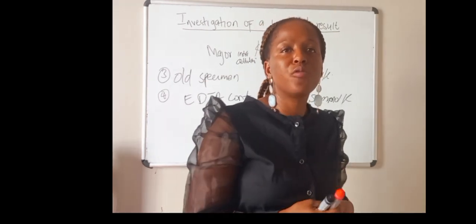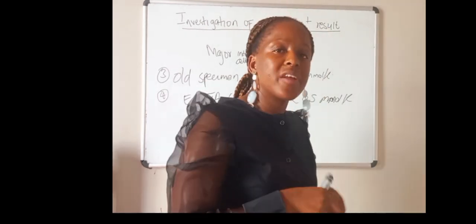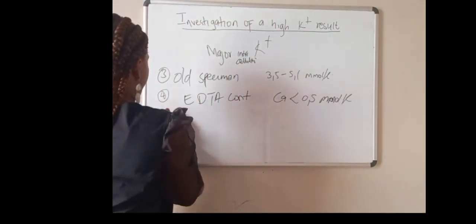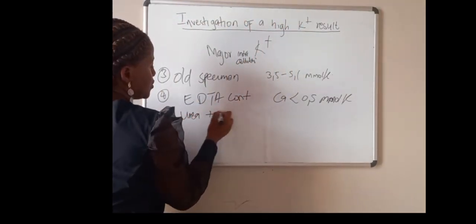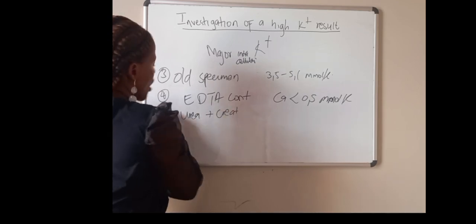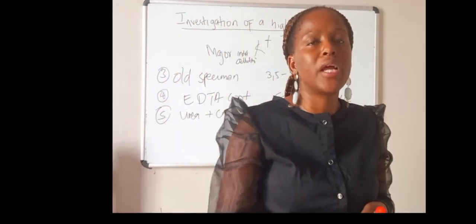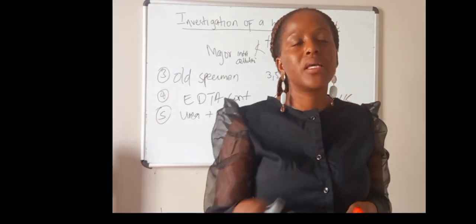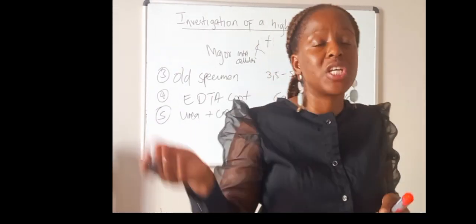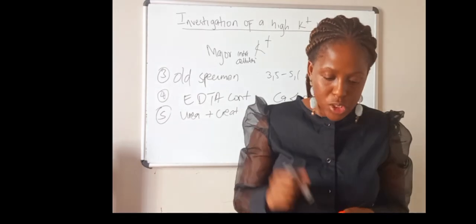Now, after you have ruled out hemolysis and old specimen, your QCs are okay, and there's no EDTA contamination, what you can look for is to check urea and creatinine results. When checking urea and creatinine, you basically want to rule out kidney problems, whether the patient has any renal disease or not.